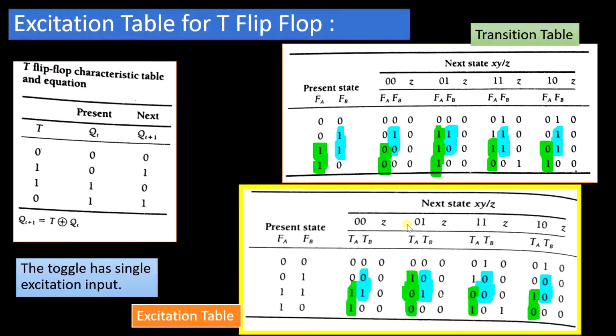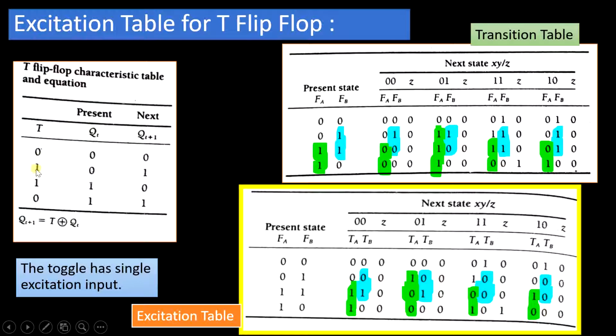So I would not be repeating it again, but you should recall that we write the present state and the next state, and in the case of the T flip-flop, the toggle will occur whenever you have an input of logic 1. So the next state will toggle when you have an input of logic 1.